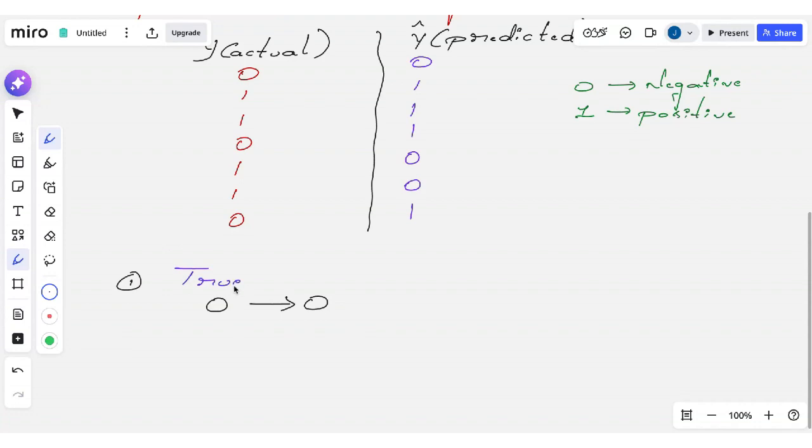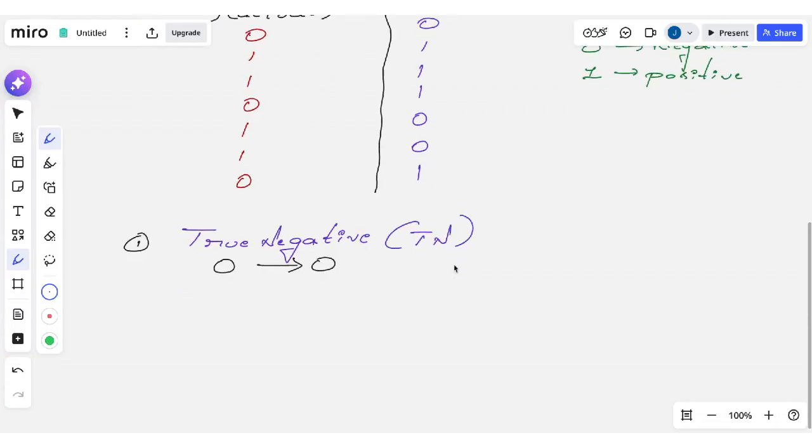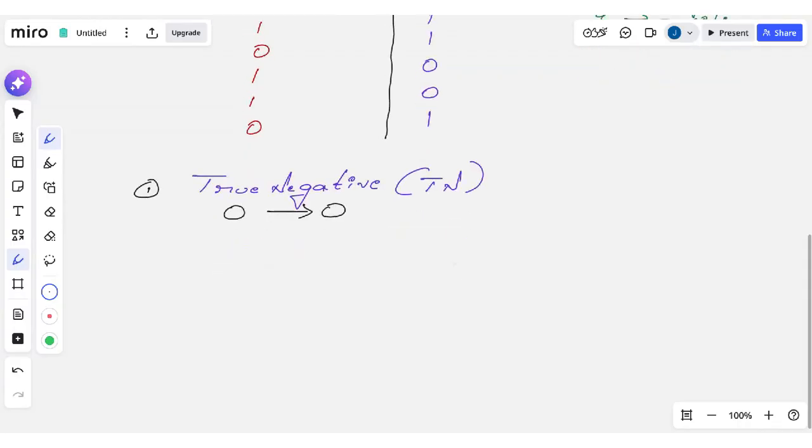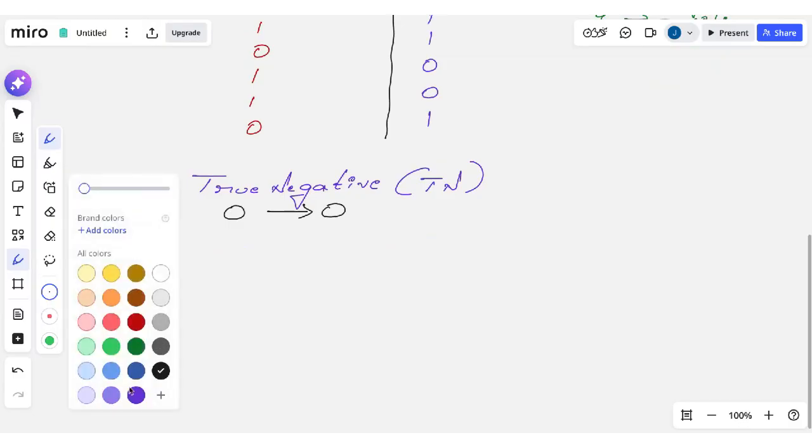And what is 0? Negative. So we call it a true negative. Understood? If actual is 0 and predicted is 0, we call it a true negative. Like that, we have different naming. Only then I can derive the different metrics. Understand this?